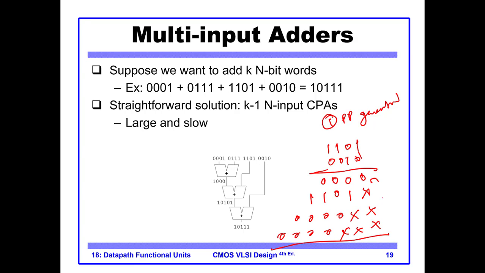So you see this partial product generation is basically an AND operation, and this can be done in parallel on all the bits. So this is called PP generation, and then you see there are multiple rows. So this is row 1, this is row 2, this is row 3, and this is row 4. So basically you have to add 4 rows of 4-bit numbers.